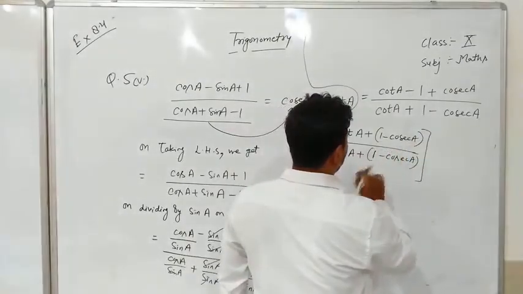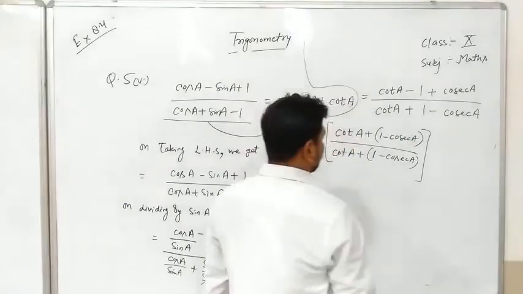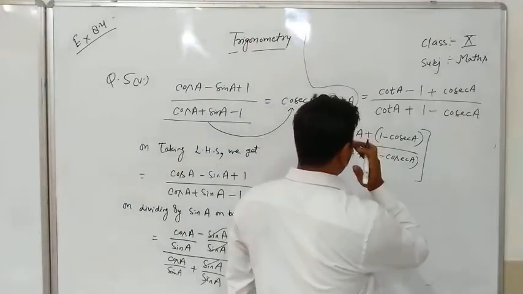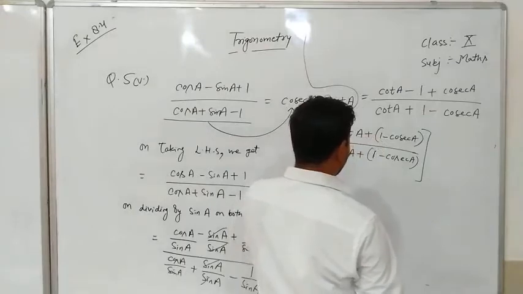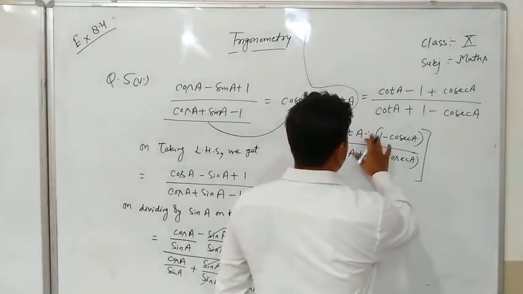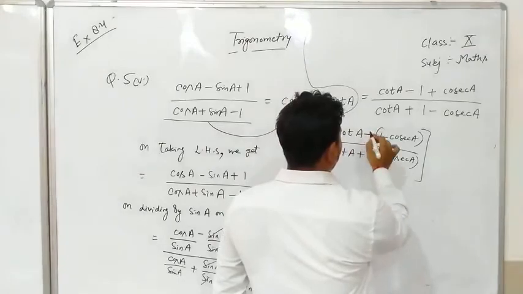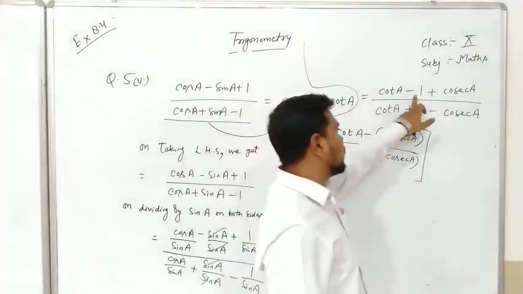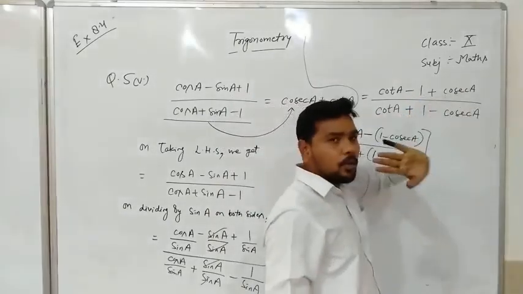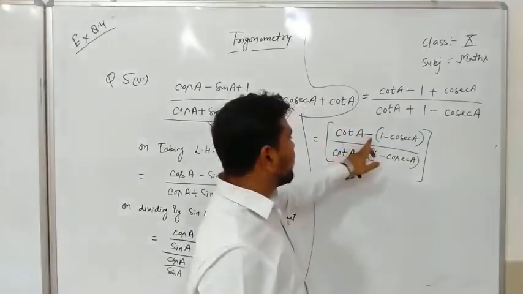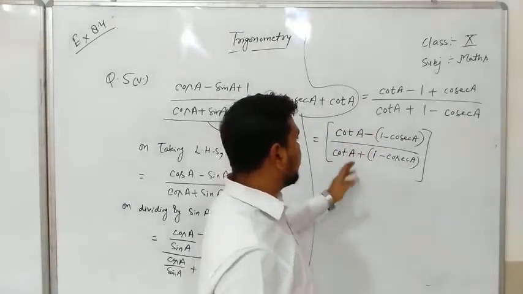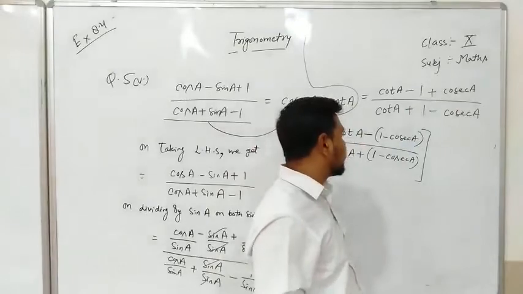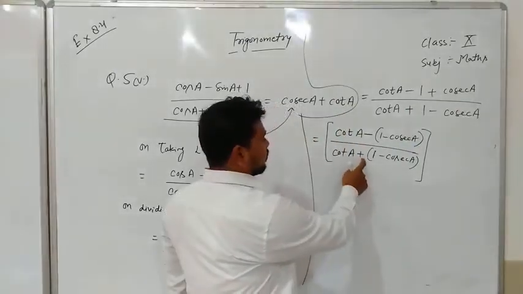So we can see that cot A minus 1 plus cosec A, we have taken minus common because minus is there. We have taken minus common, then minus will convert into plus and plus will convert into minus. So it will be cot A minus 1 minus cosec A, and here it is simply cot A plus 1 minus cosec A.